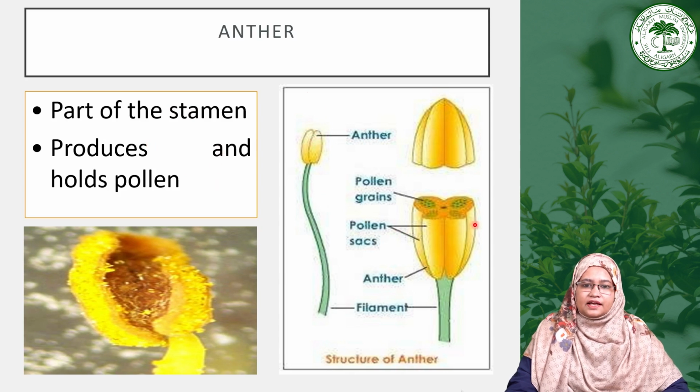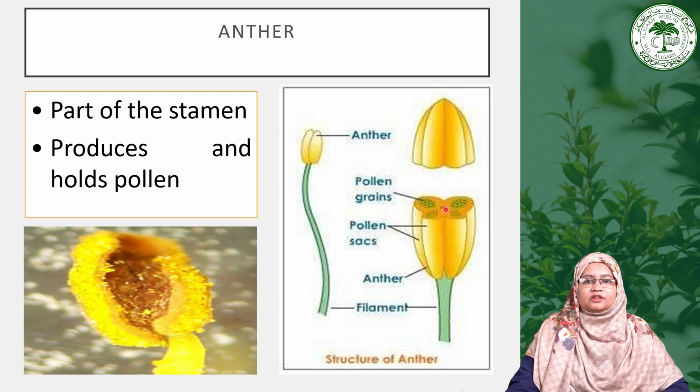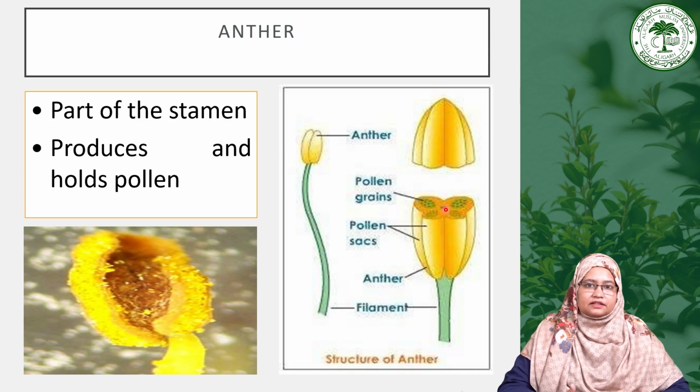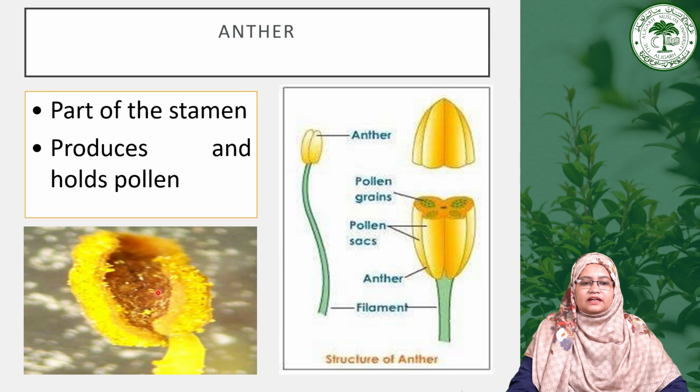The anthers may have a two-chambered structure, or sometimes only one chamber. Depending upon that, the anther may be monothecous or dithecous. As you can see, this is dithecous, which means they have two anther chambers, and these are the chambers in which pollen grains are produced. So these are the anthers.